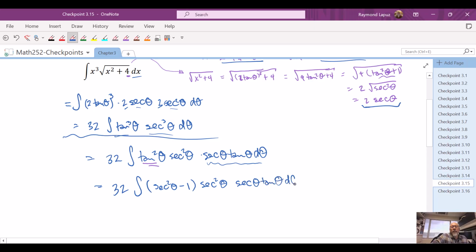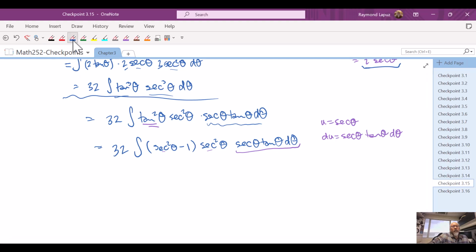We're keeping separate because we're going to do a u substitution. U will then equal just secant theta, so that du is equal to secant theta tan theta d theta, and there is the substitution that would make that work.